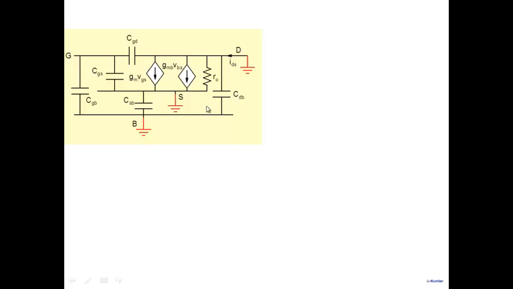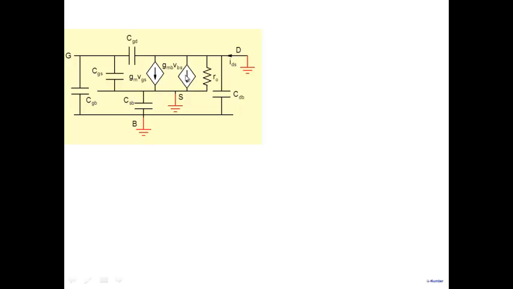So we have this situation, and now we can simplify. Note that if drain is ground and body is also ground, this capacitor gets shorted out, this capacitor gets shorted out, and so we can remove these two capacitors here. Not only that, R0 gets shorted, one end is ground, the other end is also ground. And if you look at body to source voltage, that's 0. Source is 0, body is also 0.